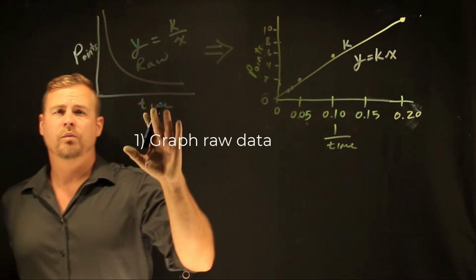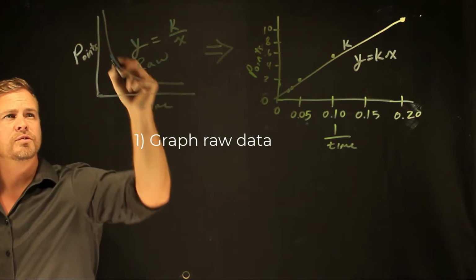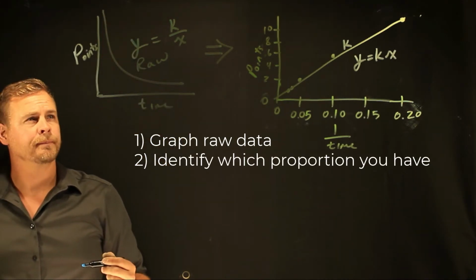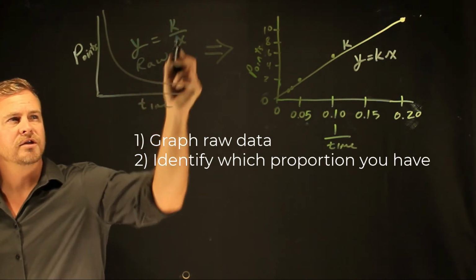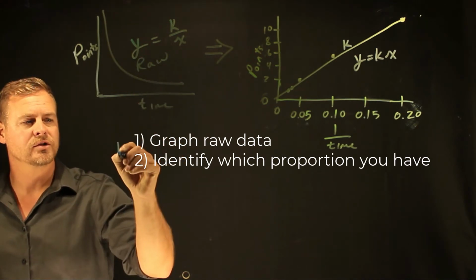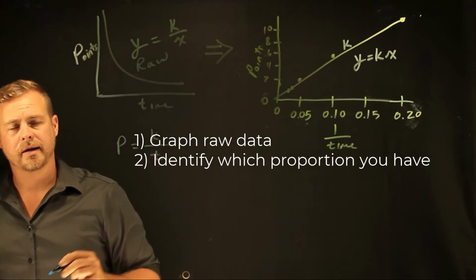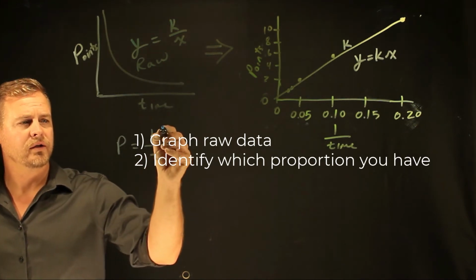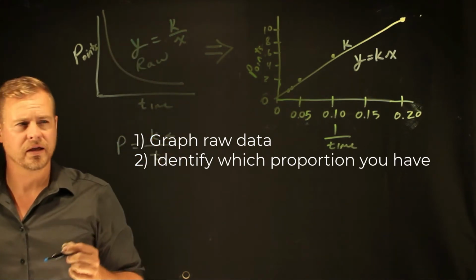So my raw data gave me the idea that this was going to be an inverse relationship. When I see this curve, it's very characteristic of a y equals k over x equation. So I could write a real-world equation of points is equal to some constant over time. Now that's all well and good, but I couldn't really explain this k because there was an infinite number of k's.